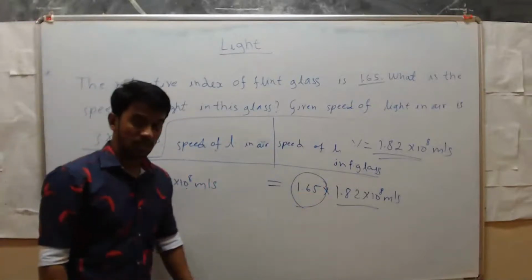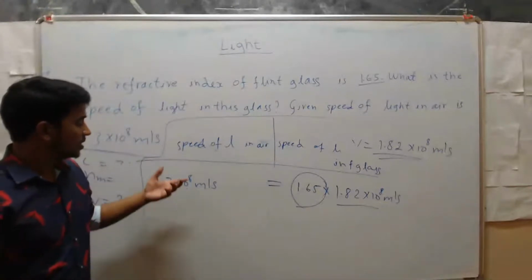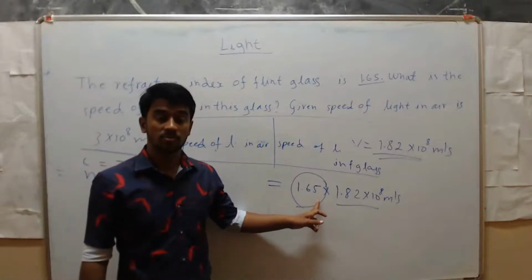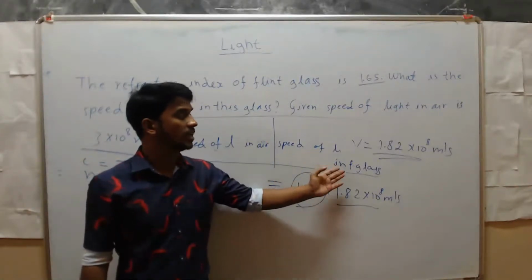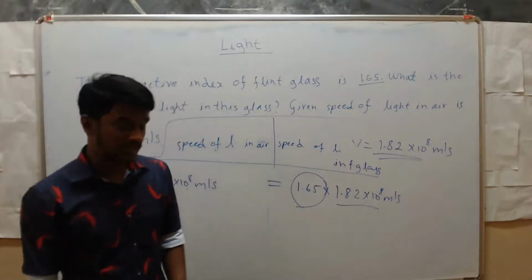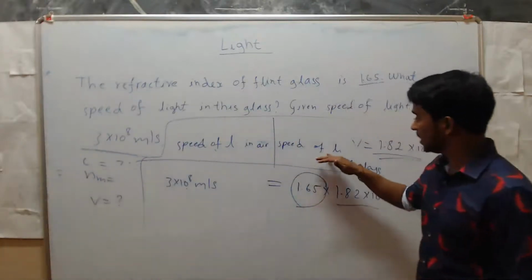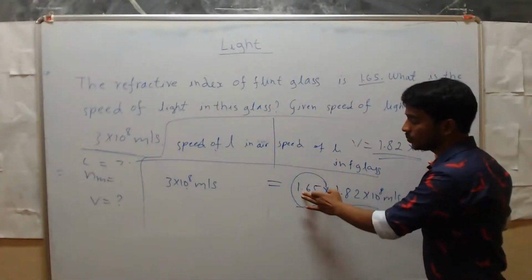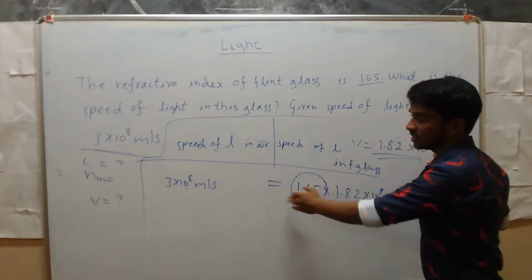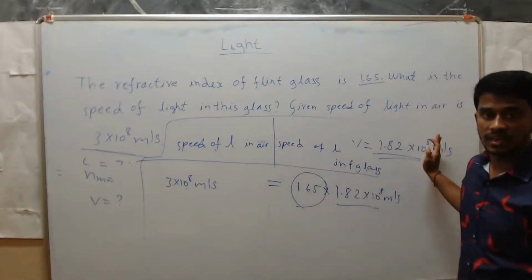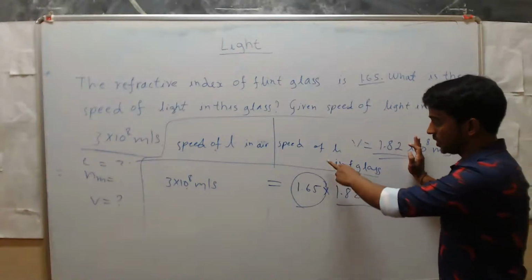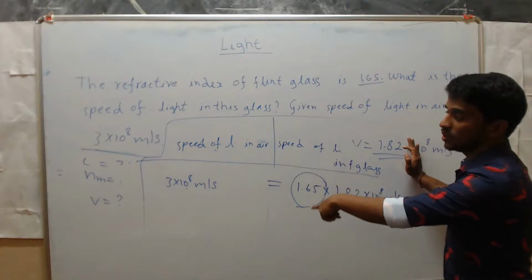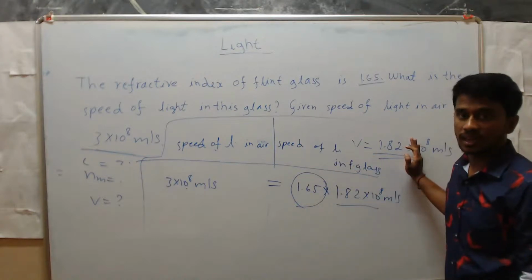So we can say the speed of light in air is 1.6 times greater than the speed of light in flint glass, or the speed of light in flint glass is 1.6 times slower than the speed of light in air.